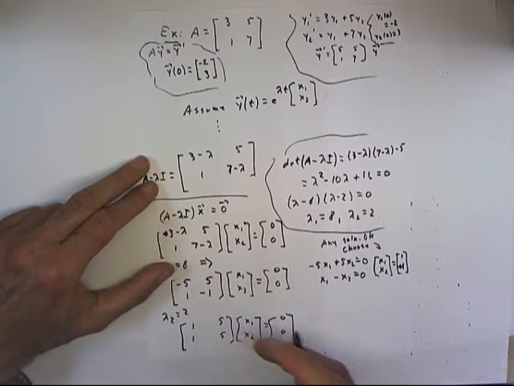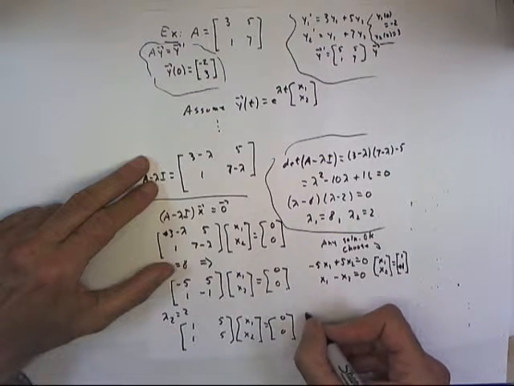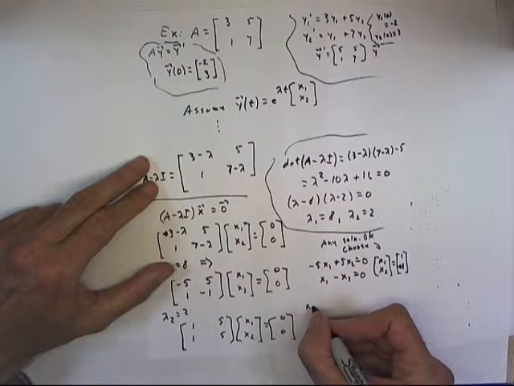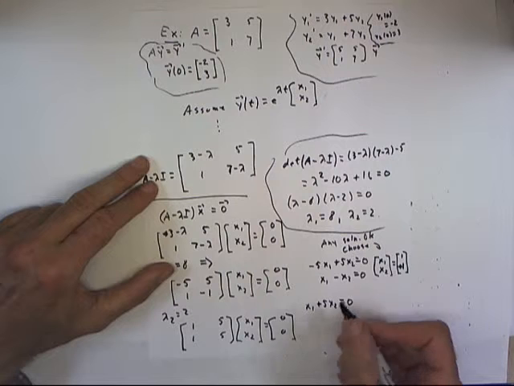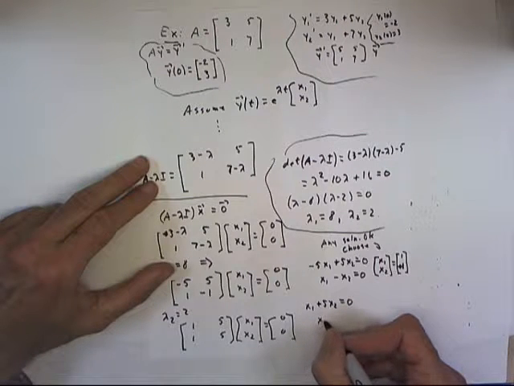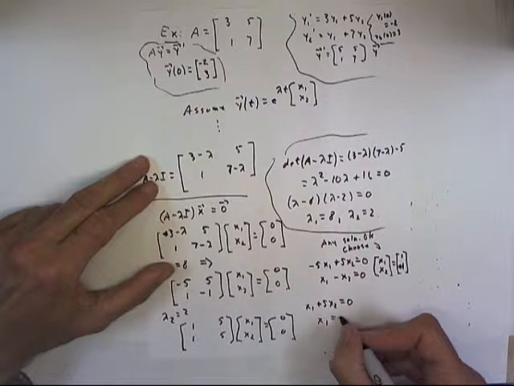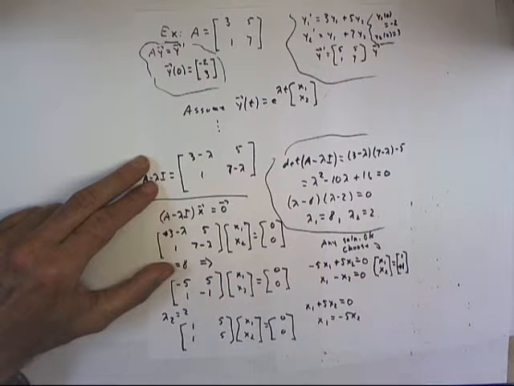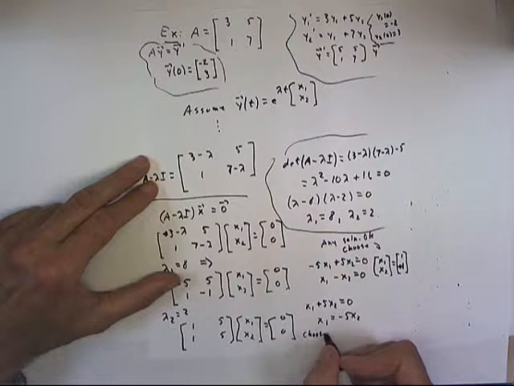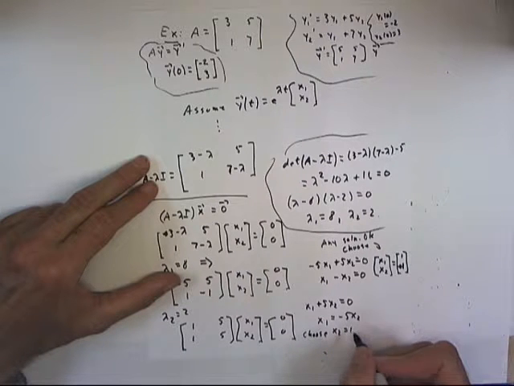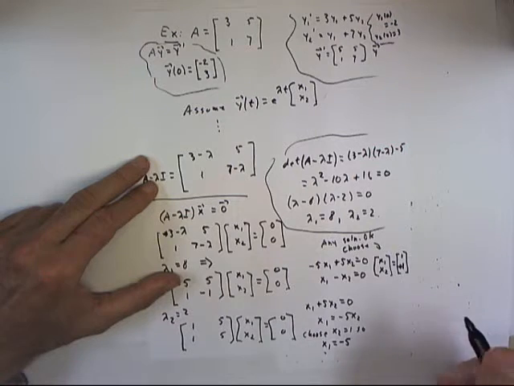Here the rows are multiples of one another, but here they're identical. And we're going to get x1 plus 5x2 equals 0, so that x1 is going to equal negative 5x2. Choose x2 equal 1, so x1 equals negative 5.